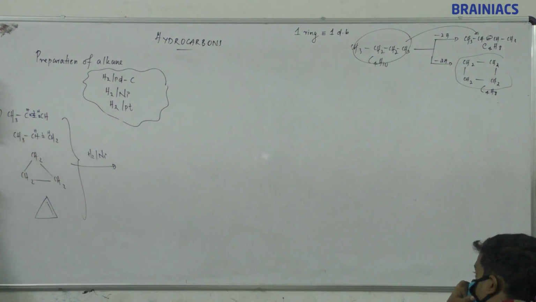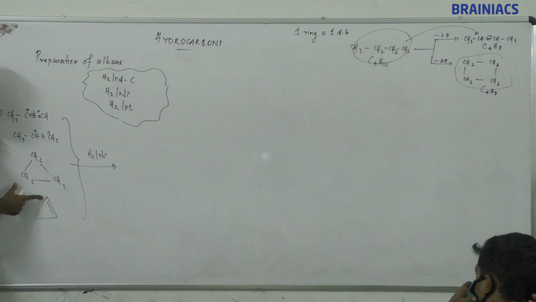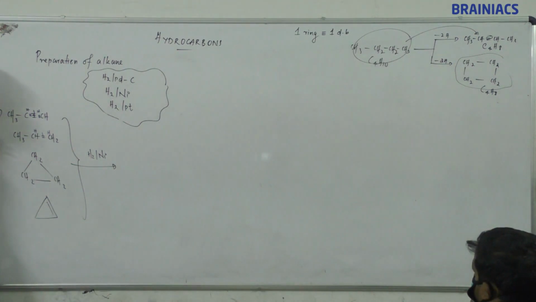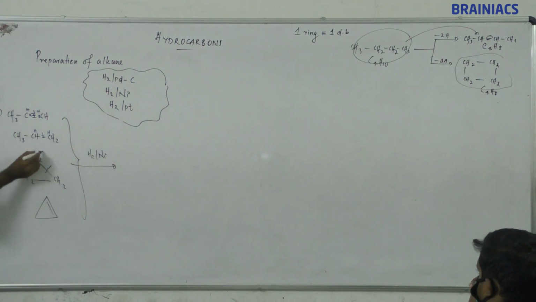According to Baeyer's strain theory or Sachse-Mohr theory, cycloalkanes of 3 and 4 carbons are unstable due to angular strain. I think you are familiar with that. The most stable cycloalkane is cyclohexane, then cyclopentane, then cyclobutane, like that. So cyclopropane is highly unstable. So on hydrogenation, this bond is cleaved.